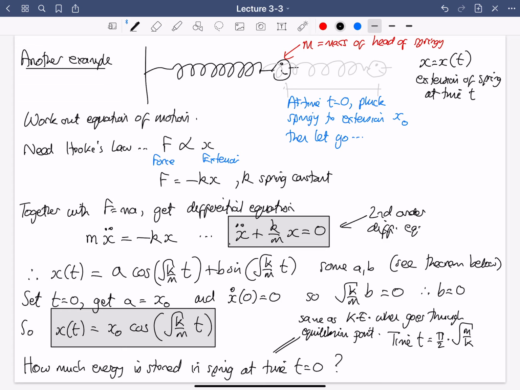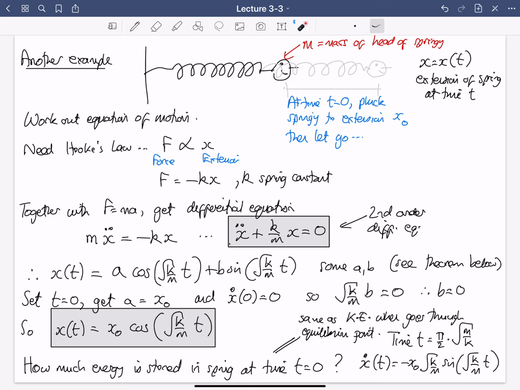So that's when it goes through the origin, and x dot of t, if that's x, I can differentiate, right? I've got to differentiate cosine. I get minus x0 root k over m sine of root k over m t. Boy, oh boy.